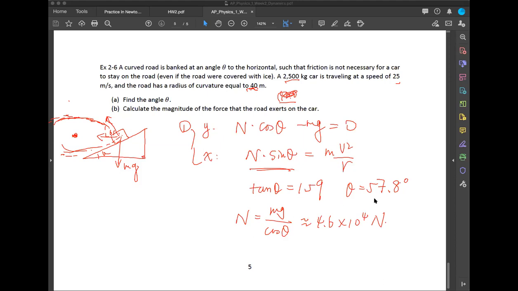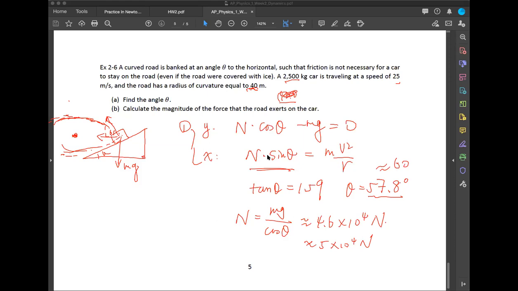So in that way, the angle should be approximated to 30, and this one is approximately 5 times 10 to the fourth, like that. Okay. So you need to check your answer to keep the least significant figures given in the data.